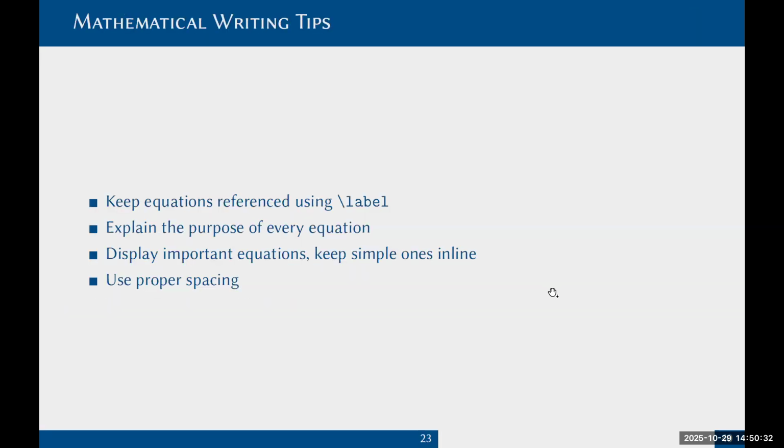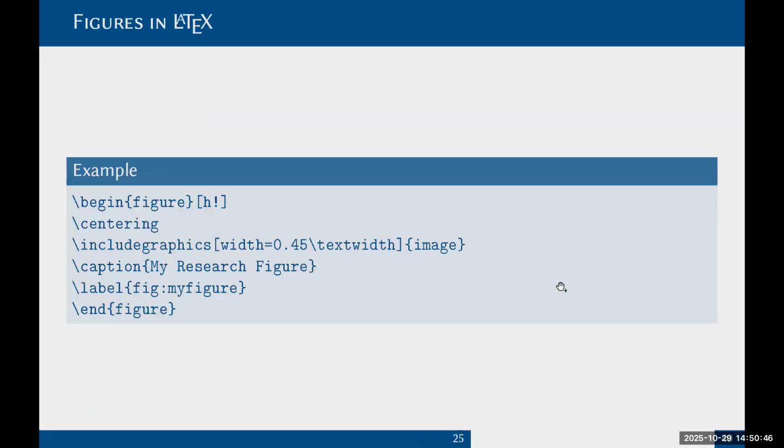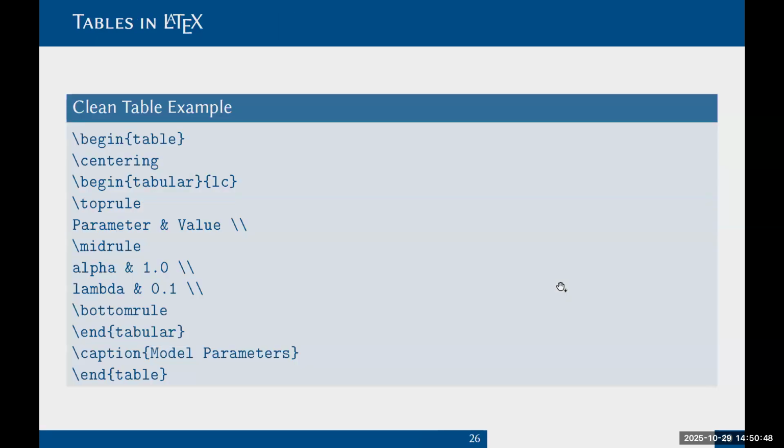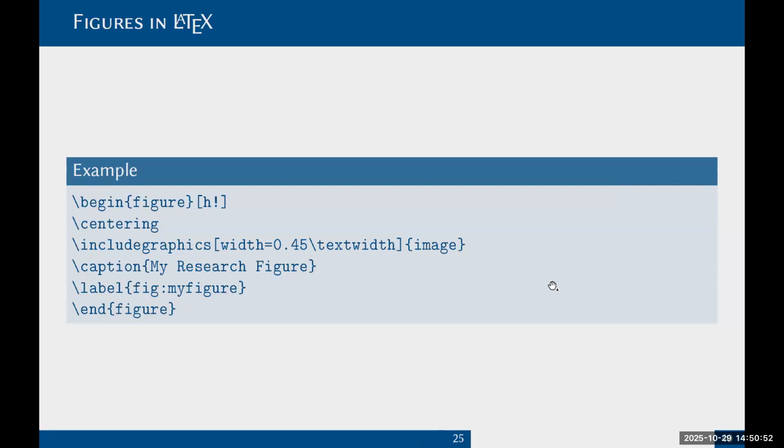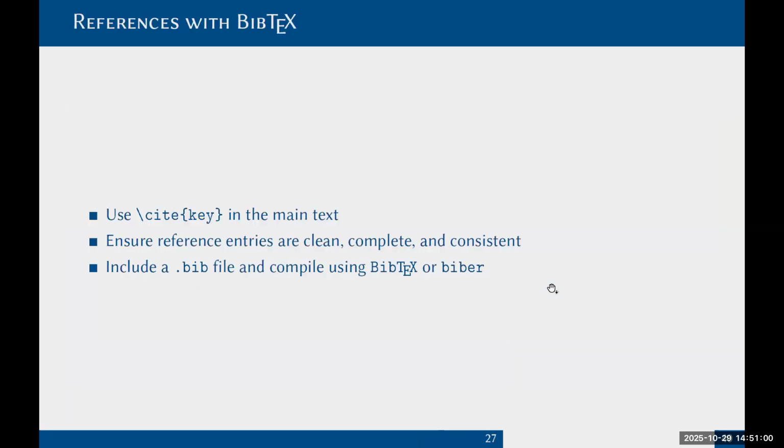You can define general spacing in the preamble in the beginning, but don't then define extra spacing in your documents. Use consistent figure code in your LaTeX document, and use consistent and clean table code in your LaTeX document or article.